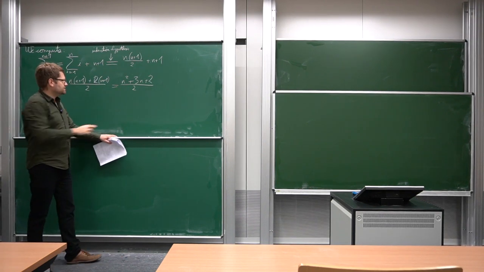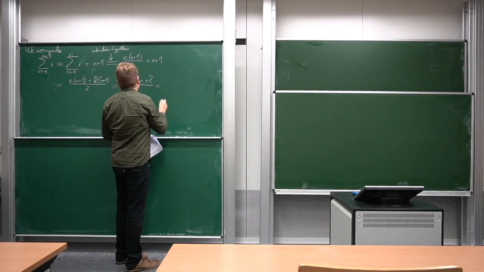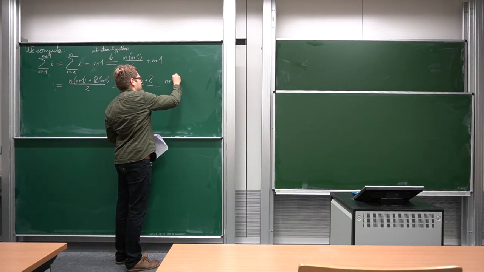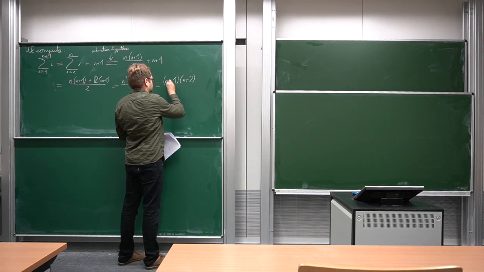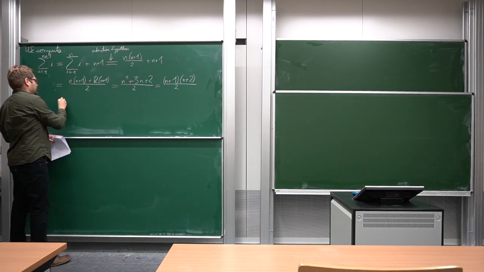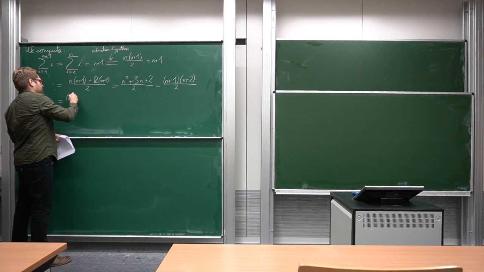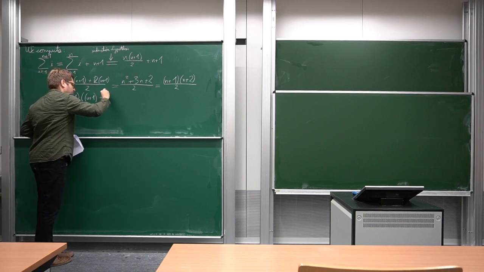And then one easily checks that this term here in the numerator is the same as n plus 1 times n plus 2 over 2. And this is, of course, the same as n plus 1 times n plus 1 plus 1 over 2.